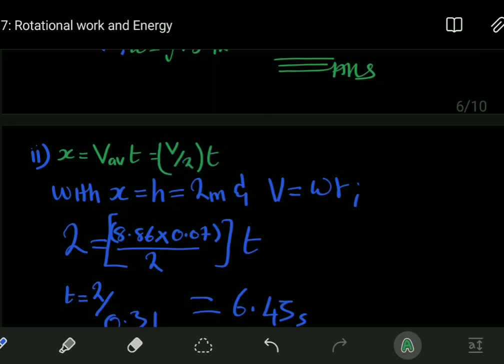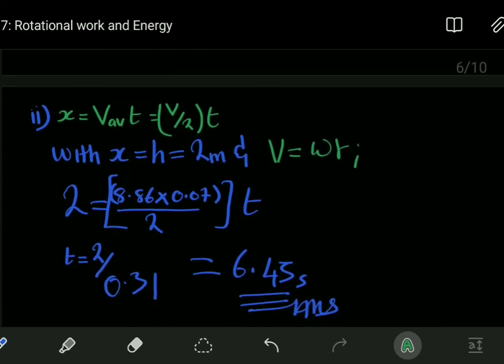If we let our displacement be the height, which is 2 meters, and we let v be equal to omega r, then we can have our h being equal to the average angular speed multiplied by the time, from which we can find our time as 2 over 0.31, giving us 6.45 seconds.